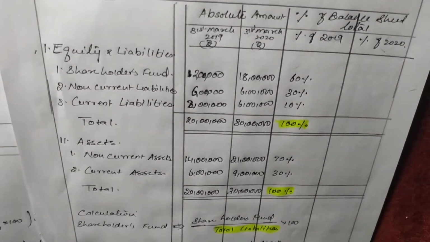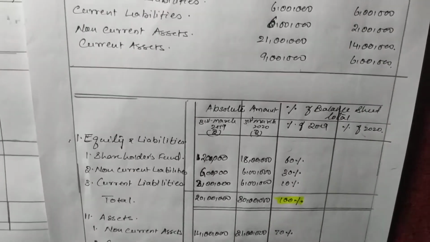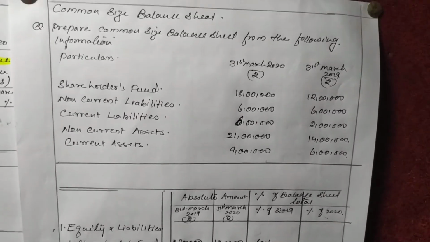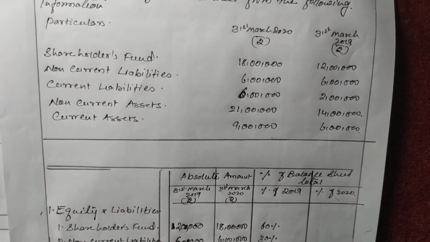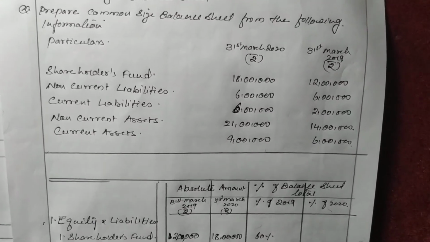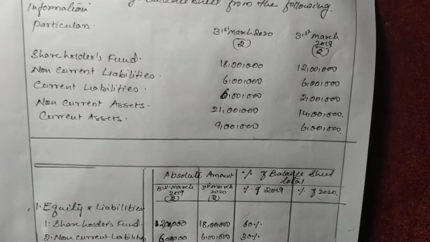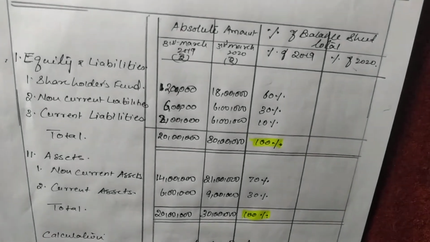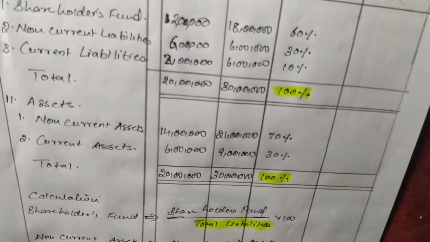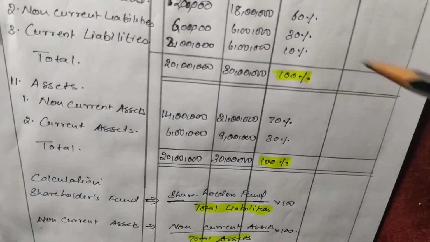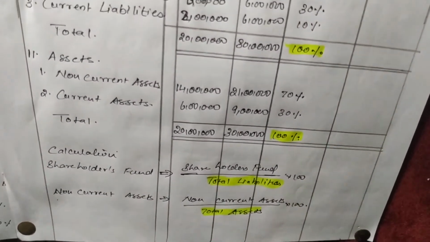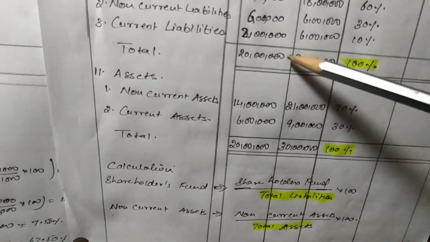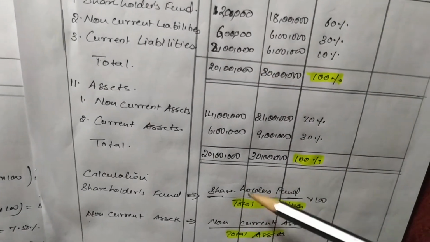Here in the common size balance sheet, as I told you, what will be our base? The base will be total assets and total liabilities. That means your total will always be 100. Your total liabilities will be 100 and your total assets will be 100, because our base is total assets and total liabilities.